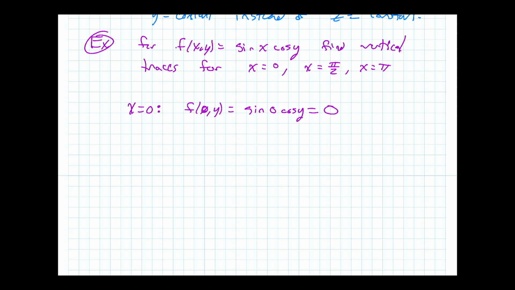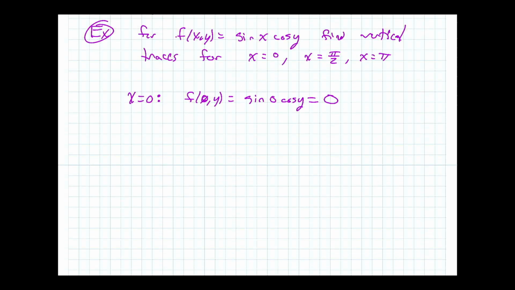And then for x equals pi over 2, we have f of pi over 2 comma y equals sine pi over 2 cosine y. Sine pi over 2 is 1, so we just have simply cosine y.